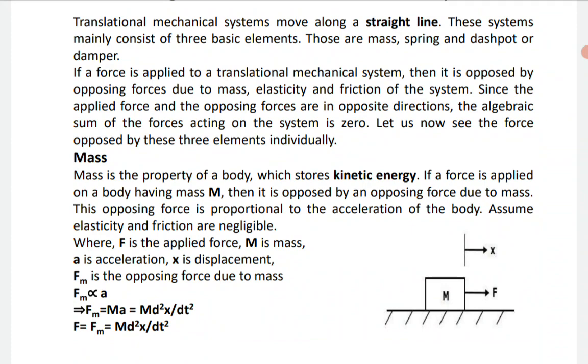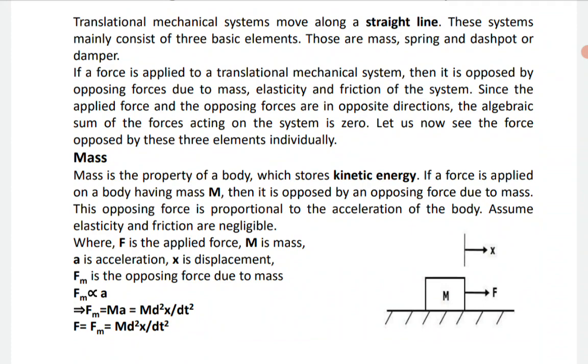Then we can write F suffix m is directly proportional to a, which stands for acceleration, or after removing the variation symbol, F suffix m is equal to m into a, where m is the mass, which is constant obviously.